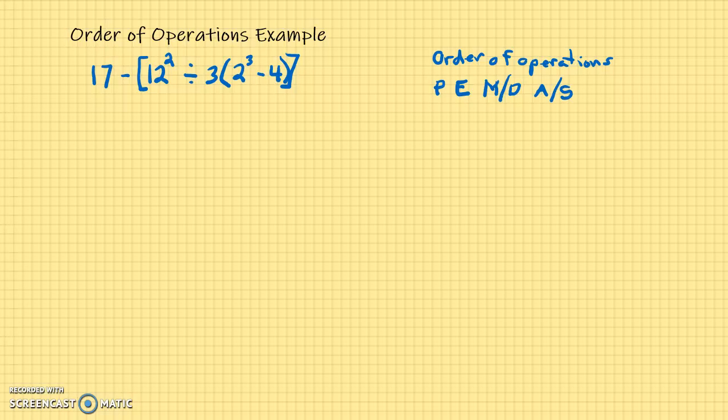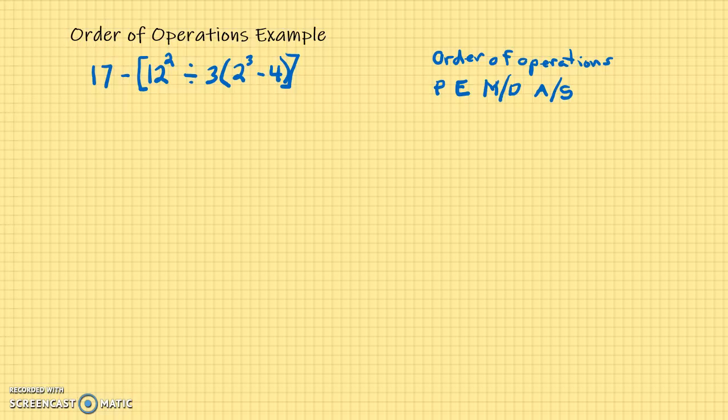So let's look at this example real quick. We're going to use the order of operations. First, you always start at the beginning. P is for parentheses. So I'm going to look for any parentheses or grouping symbols, and I'm going to simplify inside them first. First we have these brackets out here that are like parentheses. They're a grouping symbol. But we have here 2 to the third minus 4.